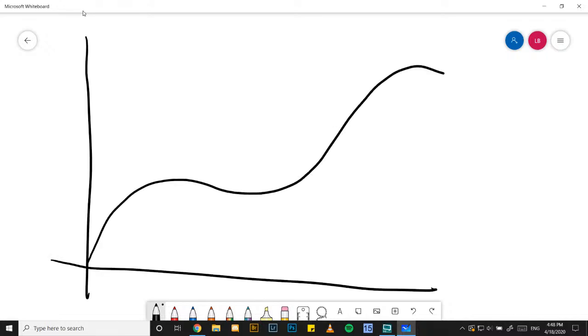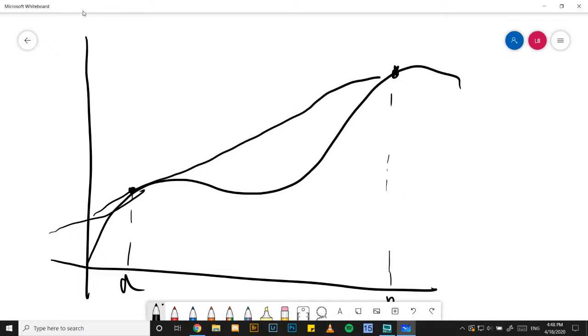If you have some curve like that, you have some value over here at a, you have some value over here at b. What the mean value theorem says is that for a and b, there exists some point inside that has the same slope as if you just connected these 2 points and created a line between them.